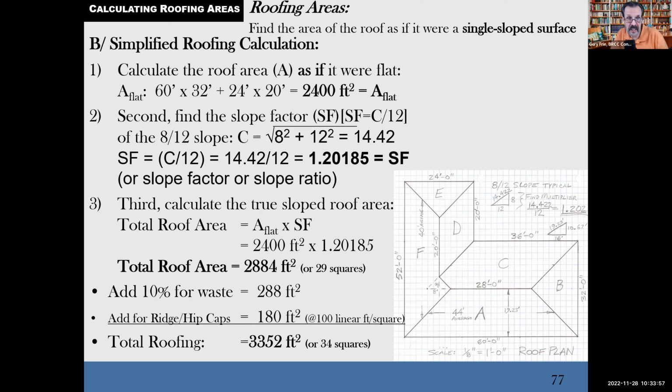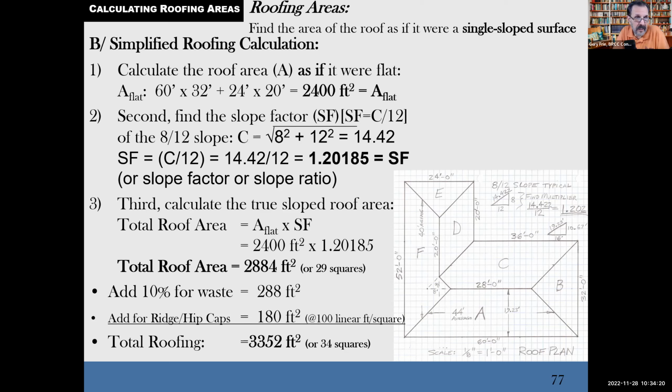Now in step 3, once you have that slope factor, and I'll talk more about the slope factor and how to do that, you just multiply that number, 1.20185, times the 2,400 square feet that we found as if the roof was flat.